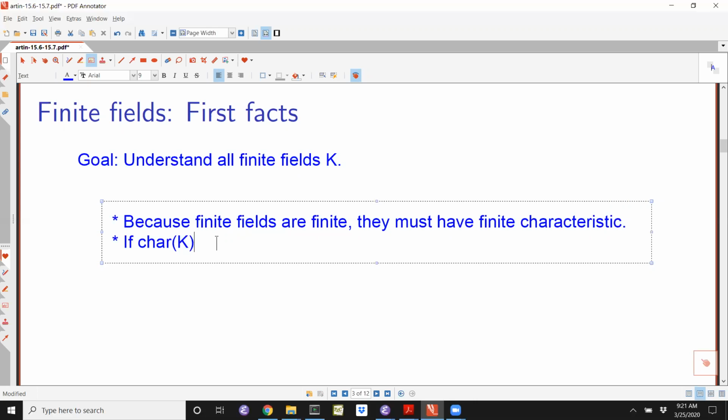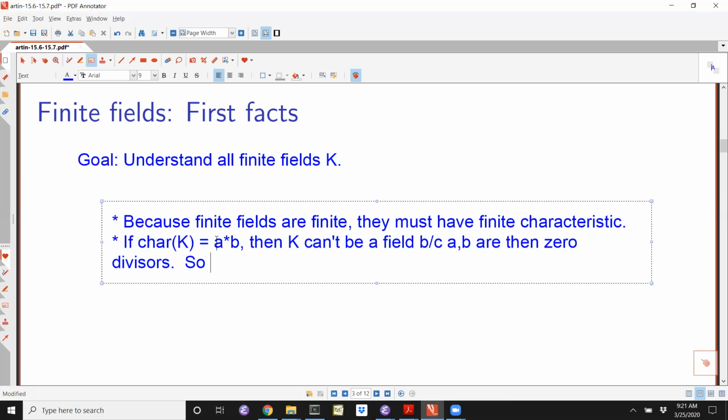If the characteristic of K equals A times B is composite, then K can't be a field, because A and B are then zero divisors. So the characteristic of any finite field has to be prime, for some integer prime P.